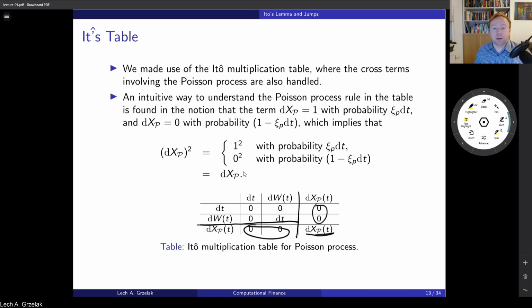So this is something to keep in mind: if we have a Poisson process and we look at the Ito table, then the results change slightly compared to the Brownian motion case, where dW_t squared was equal to dt.